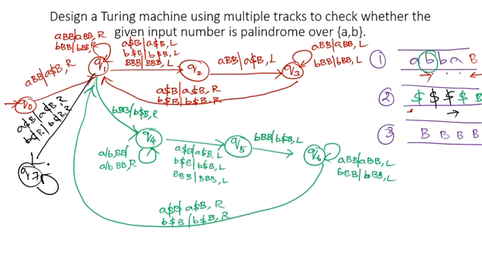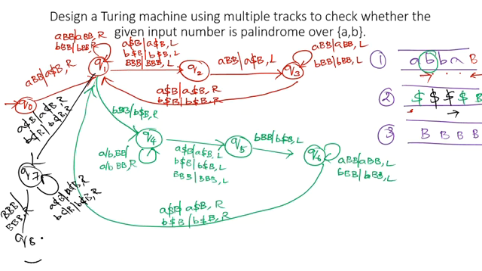So you will have again a dollar B towards right, and B dollar B towards right. So when it encounters B B B towards right, it will enter into the accepting state Q8.